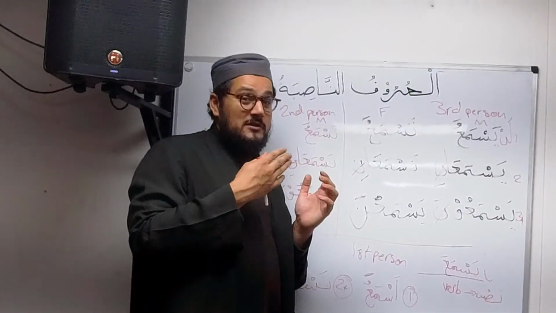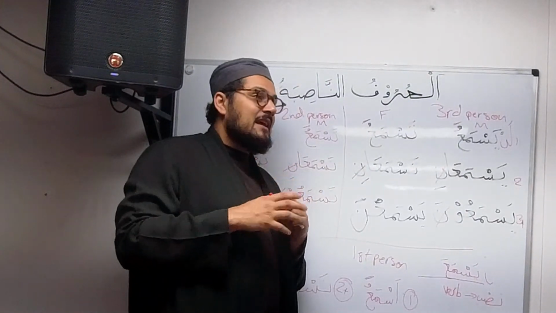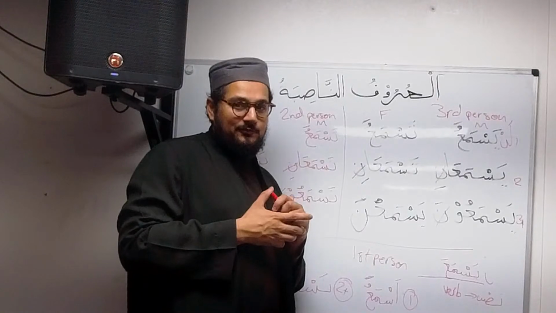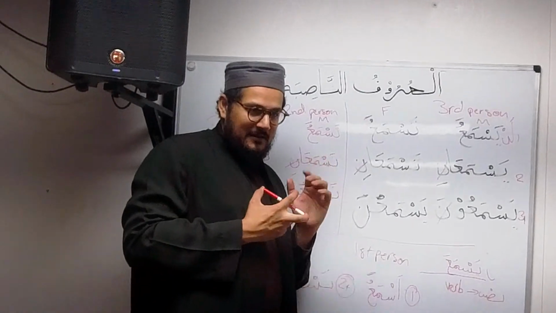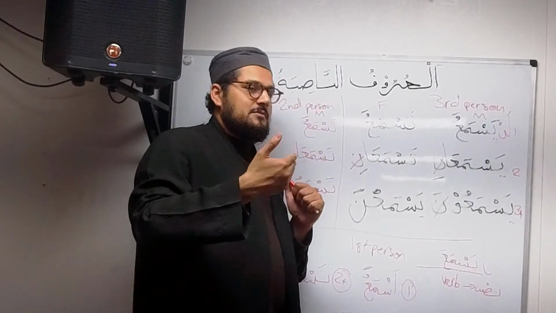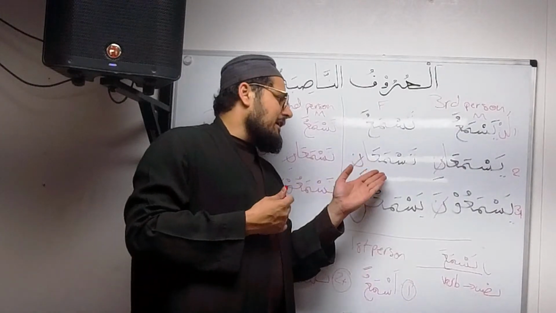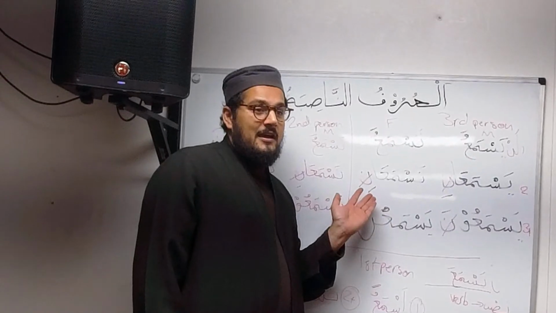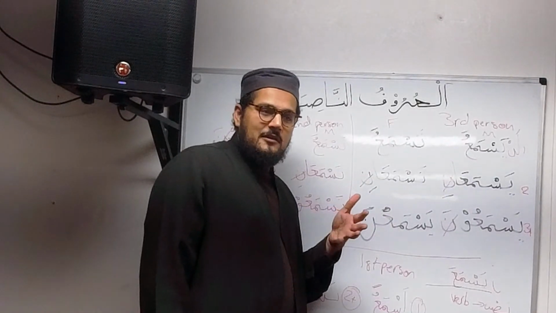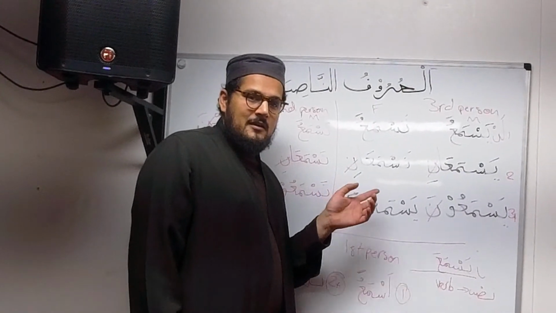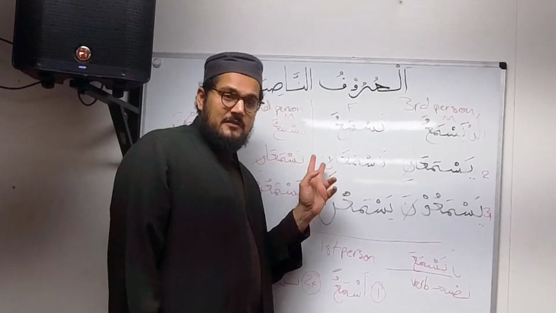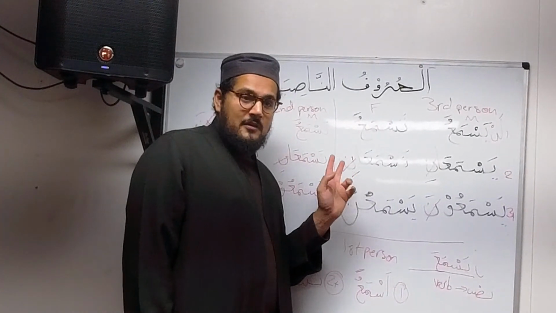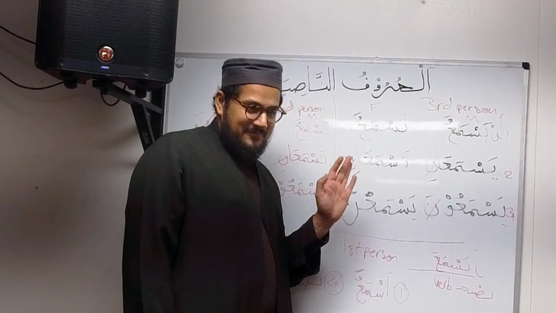Anytime a word was supposed to have dhamma in the present tense, its nasab state gets a fatha. So tasma'u in the nasab state is tasma'a. Tasma'ani becomes lan tasma'a. What does lan tasma'a mean? They both will never listen.